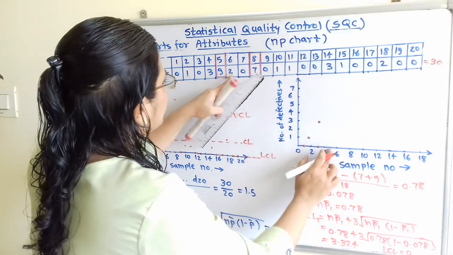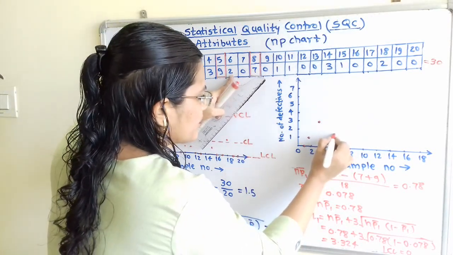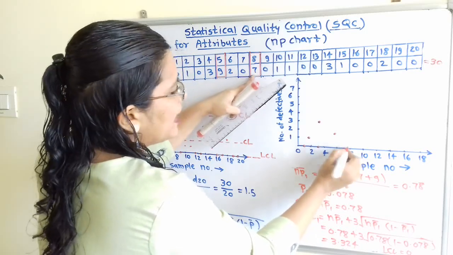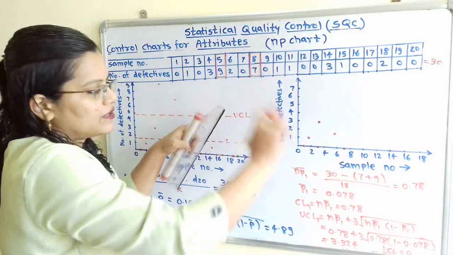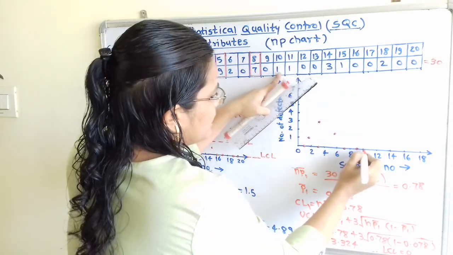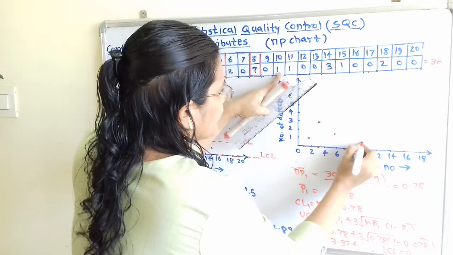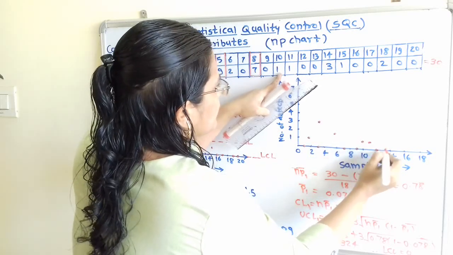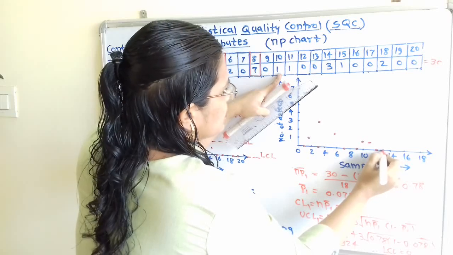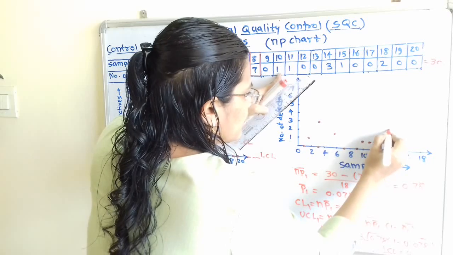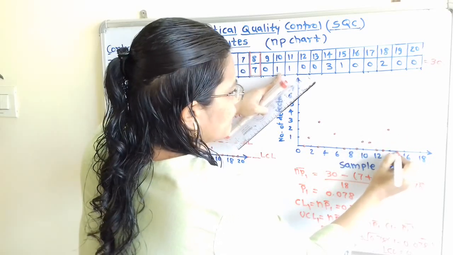Then for 6 it is 2, then for 7 it is 0, for 8 we have to remove this, then for 9 it is 0, then for 10 it is 1, for 11 it is 1, then for 12 it is 0, then 13 it is 0, 14 it is 3. So here is 3. Then for 15 it is 1.